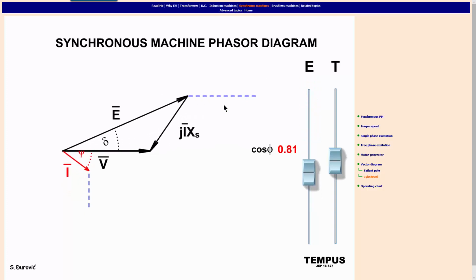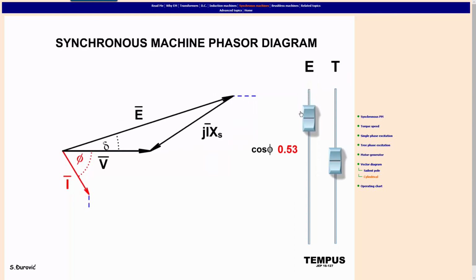And here you see there are two asymptotic lines we have mentioned in the equation. I cosine phi asymptotic line, and that is the EF sine delta asymptotic line. That means EMF must be on this asymptotic line, and current must be on this vertical asymptotic line. Okay, let's increase field current.